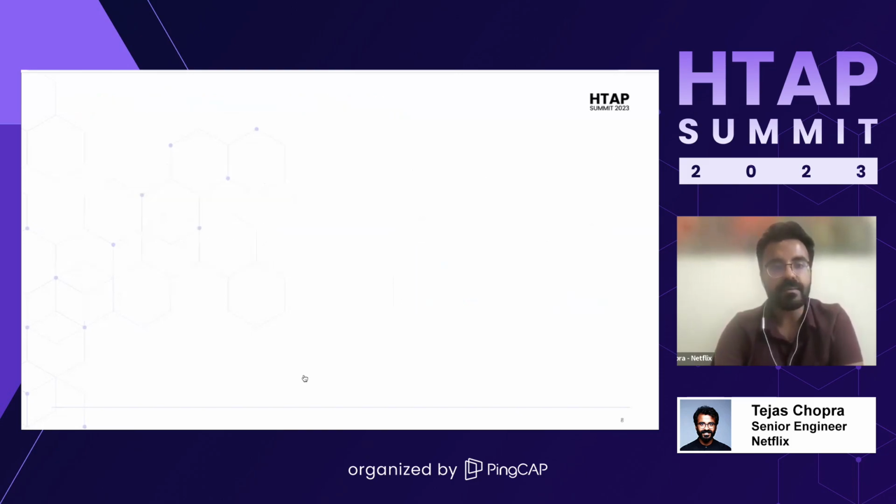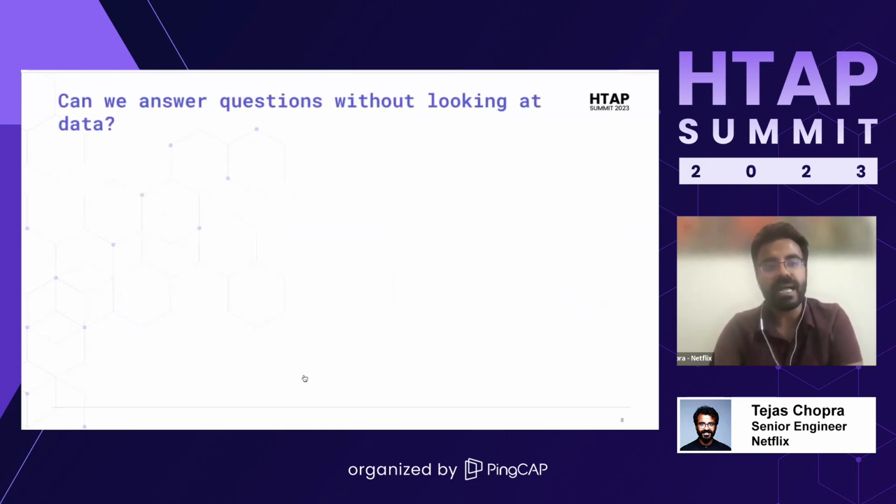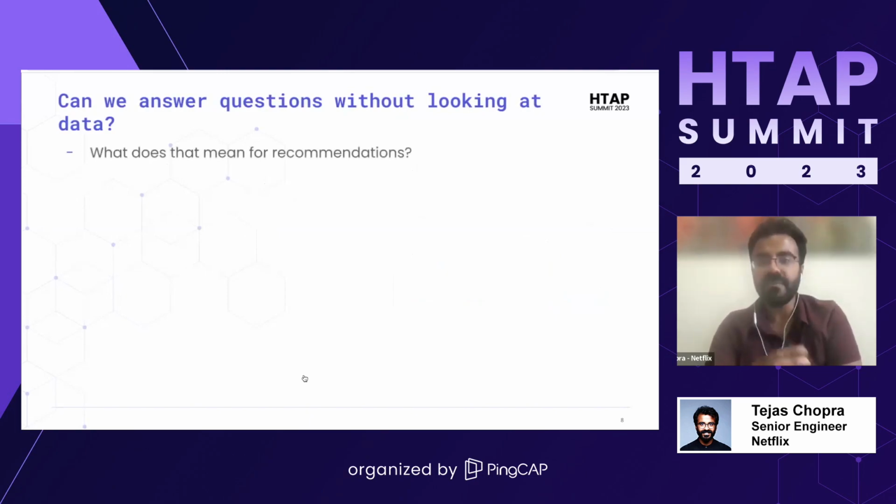That is the entire idea behind, can we answer questions without looking at the data? What does that mean for recommendations? Even when I am buying something, how will they recommend things to me? And it doesn't just stop there. You can imagine all the different search capabilities that you use on Netflix for recommendations or on Google for recommendations.